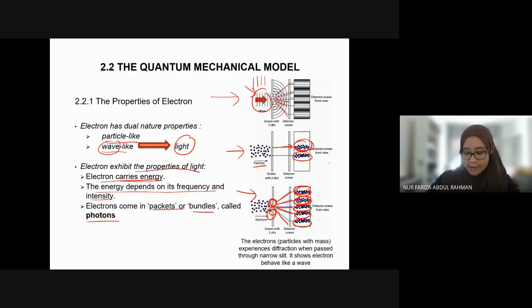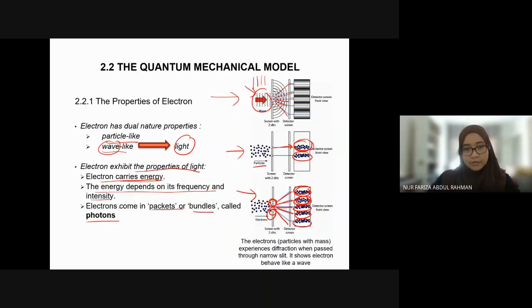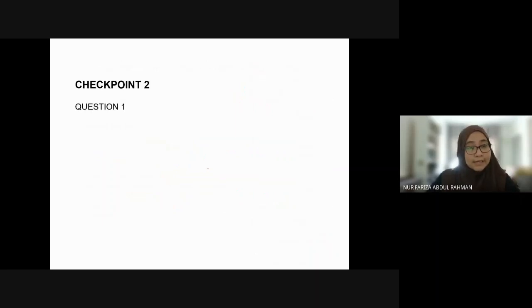So what did de Broglie mention? This is the postulate of de Broglie. If you say electron carries energy, you are actually catering only for the light part, the light behavior, the light properties only. So it's not complete there.